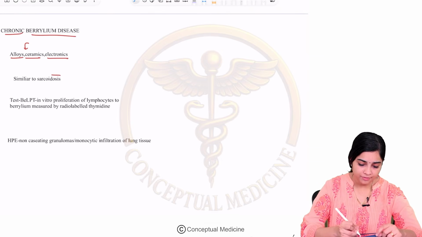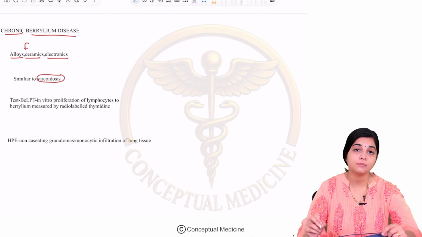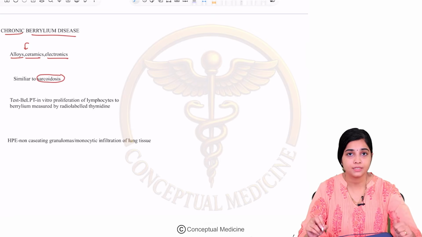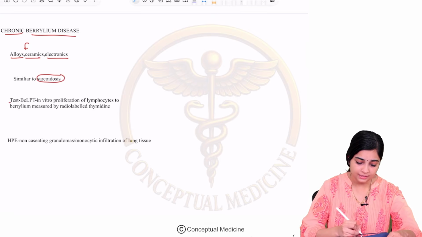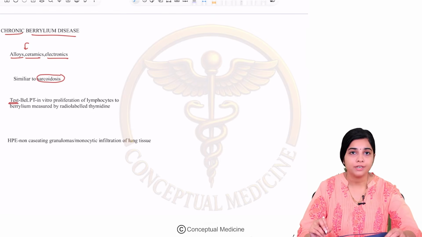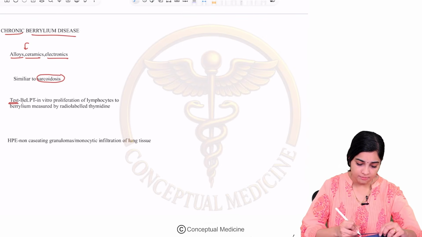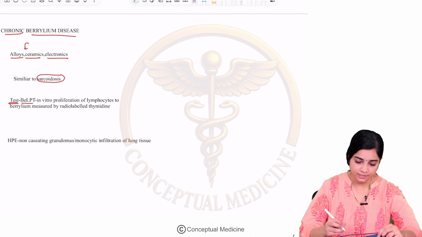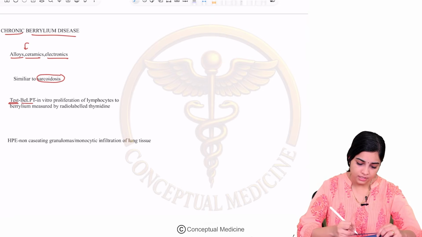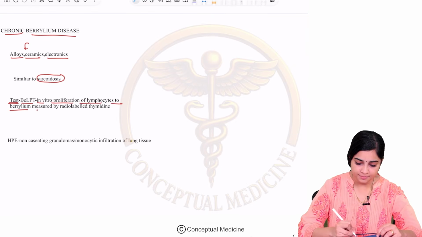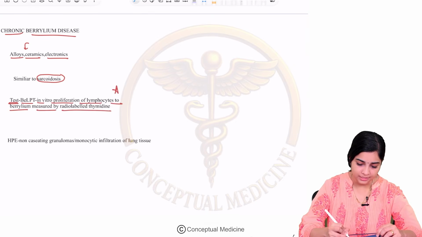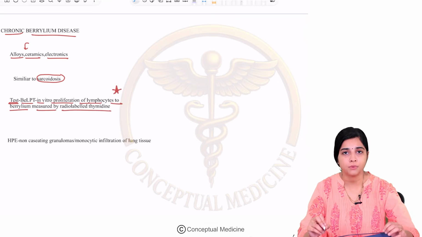Remember the key point that beryllium disease is similar to sarcoidosis, and the test that we use to identify chronic berylliosis is the beryllium lymphocyte proliferation test. Here you can demonstrate in vitro proliferation of lymphocytes to beryllium, which is measured by radiolabeled thymidine. This is a very, very important point.